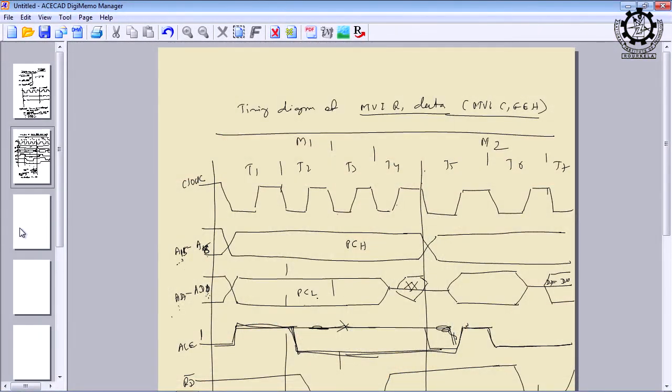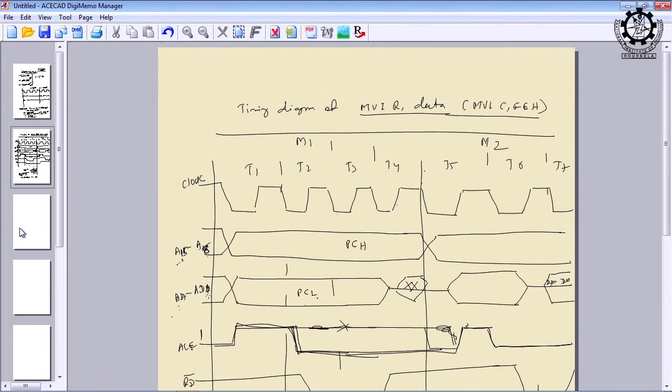There is no question of data. Is it okay? So, whenever this ALE is high, that is why I have put it, again it goes low after 1 clock period. Why does it go low? Because the moment ALE is low, the address is latched, stored in a latch temporarily, and the same bus is now free to hold data, and that happens during the same machine cycle. That you have to understand.